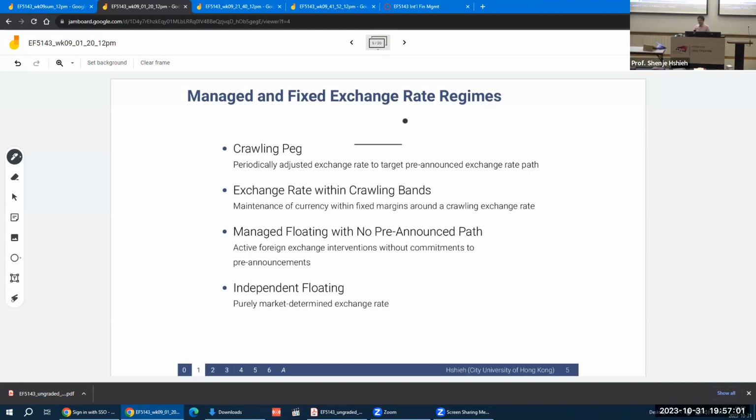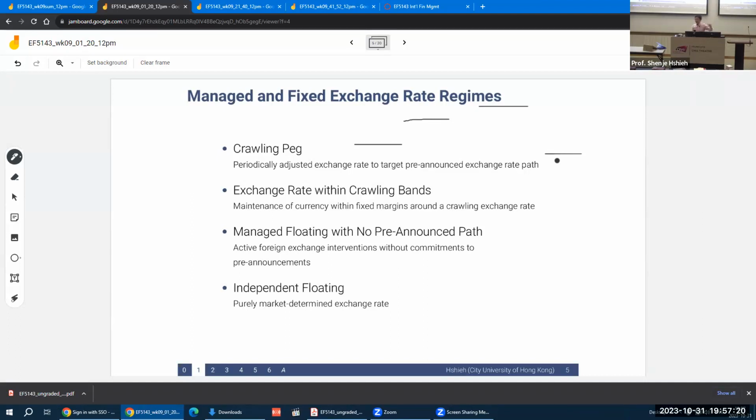And then maybe they announce, say after a few years, we're going to change the exchange rate up here, and then up here and so forth. They may change it down here. But the idea is that there's an announced peg in the future that's going to change.